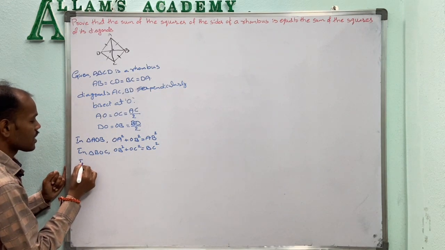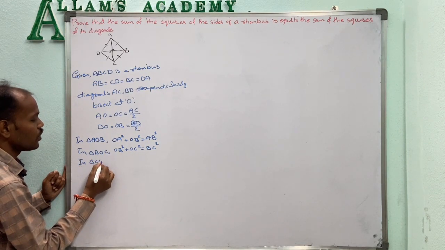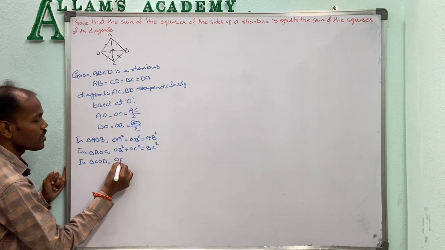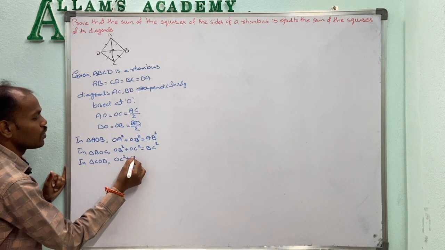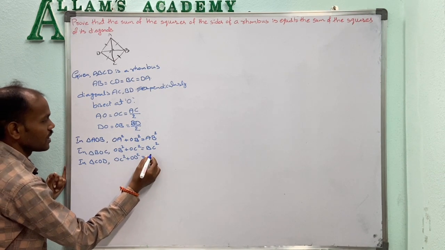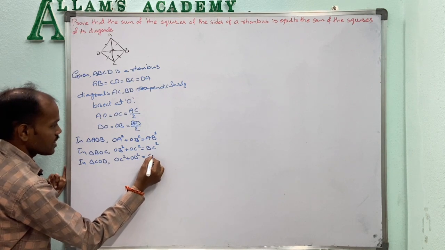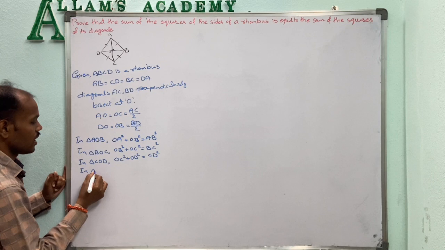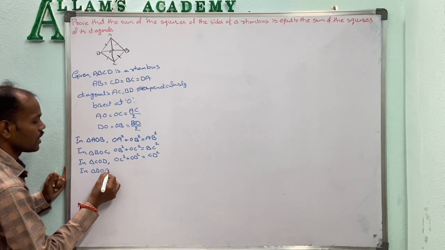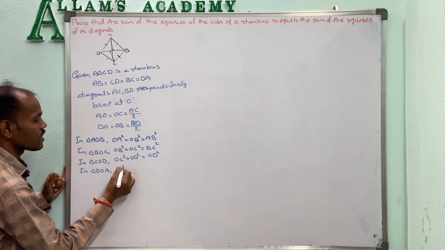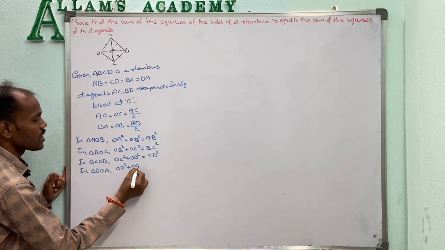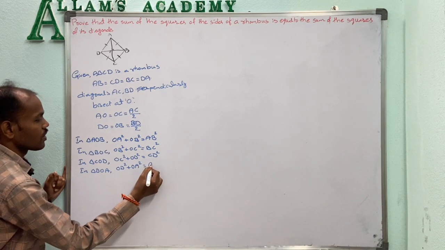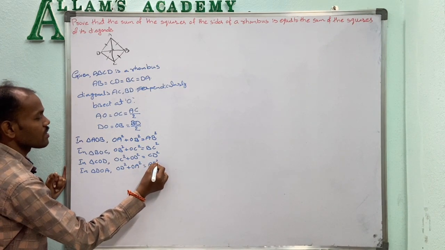In triangle COD, OC square plus OD square is equal to CD square. And in triangle DOA, OD square plus OA square is equal to AD square.